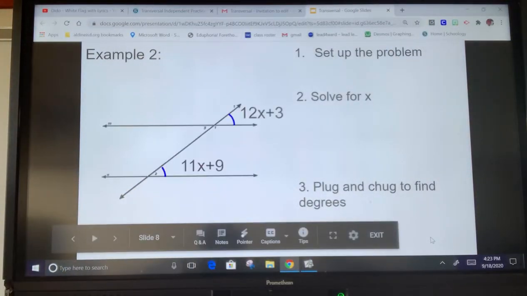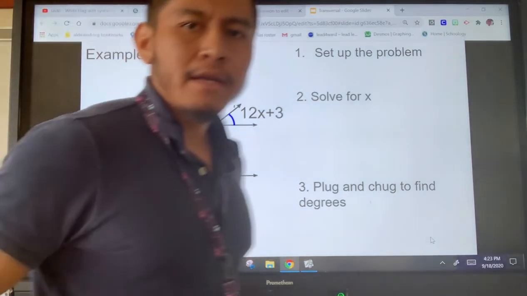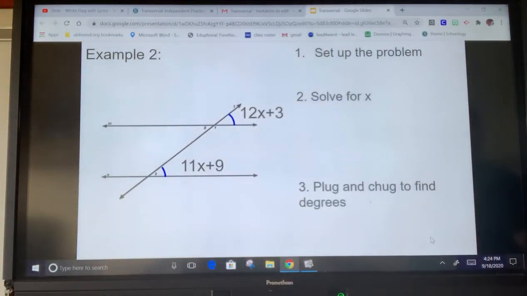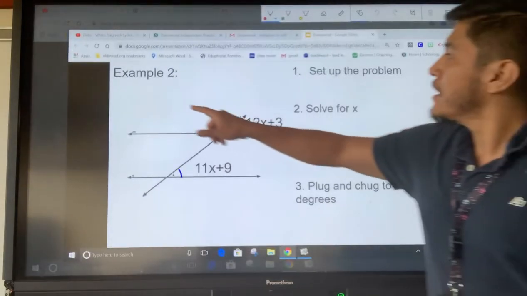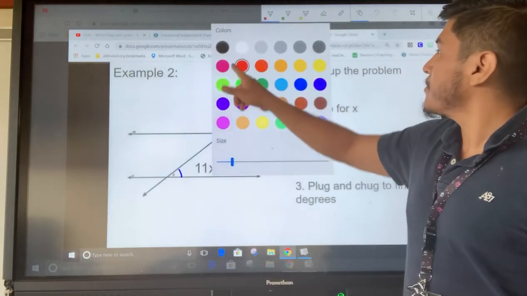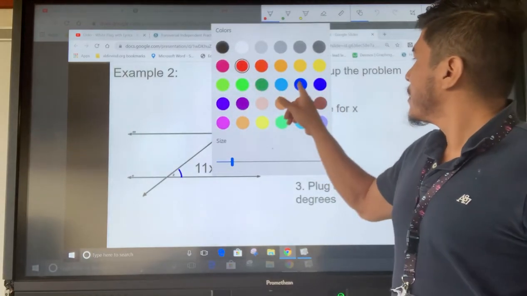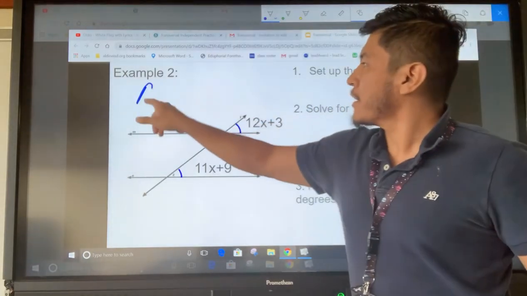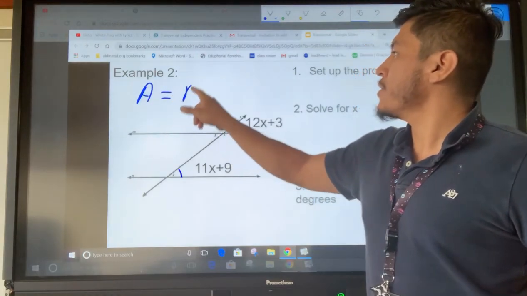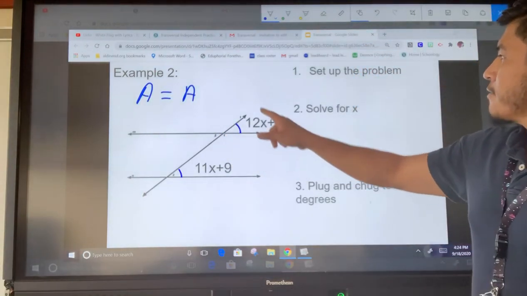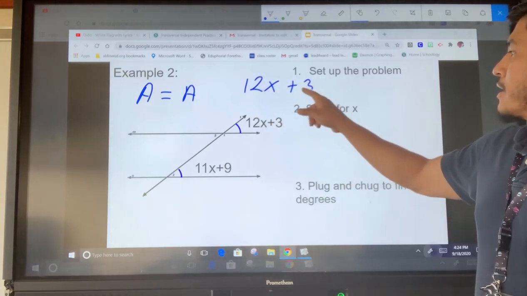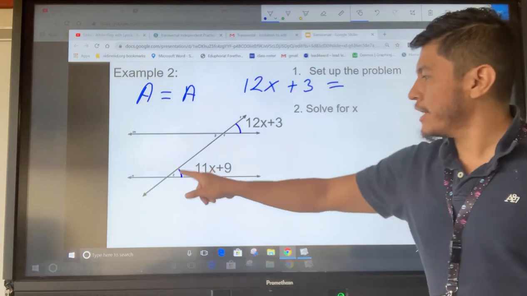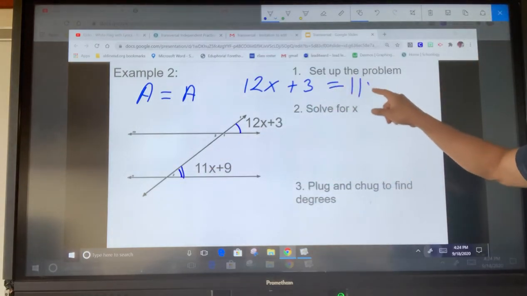All right, this time they gave us acute angles. If you remember from the major key, how do we set this up? Acute equals acute. I'm going to use blue since they're using blue. So how do we set this up? 12x plus 3 equals the other acute angle, 11x plus 9.